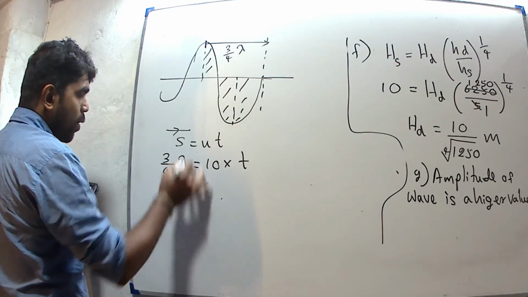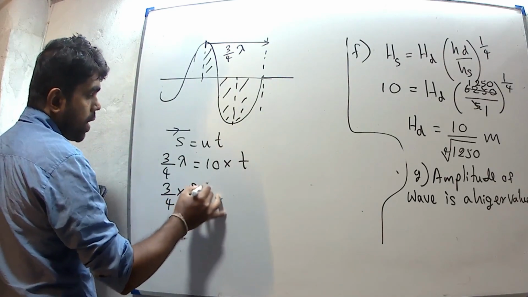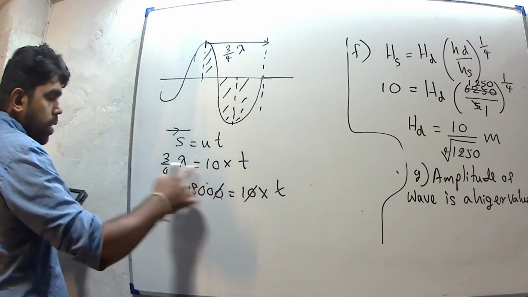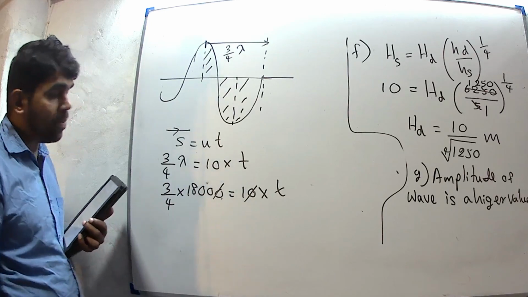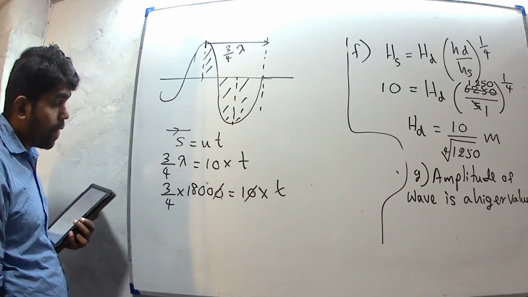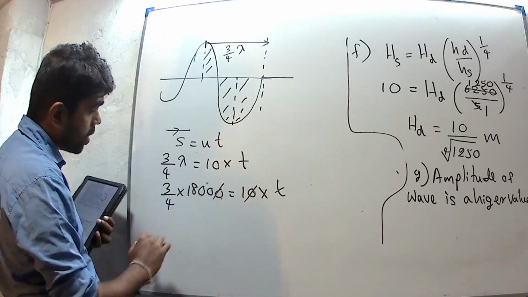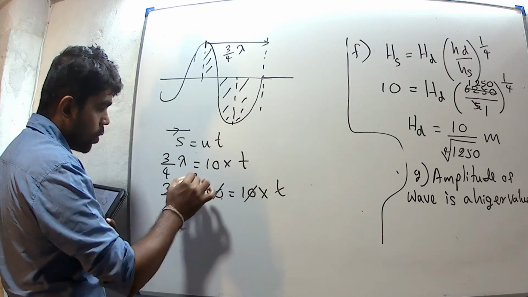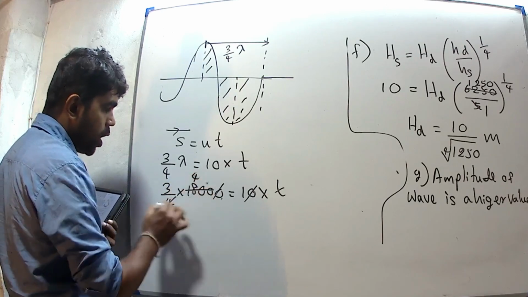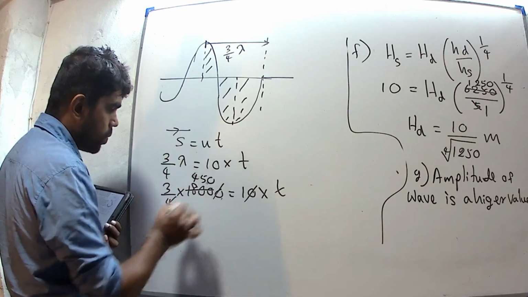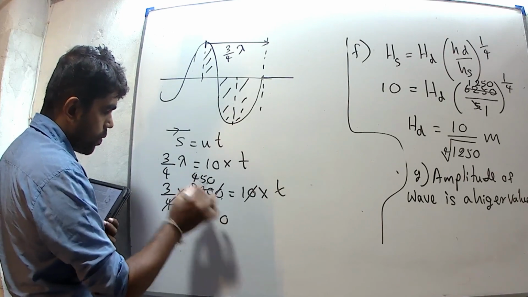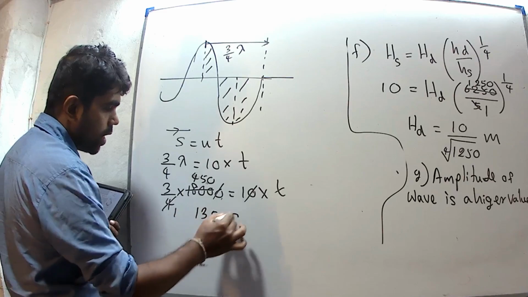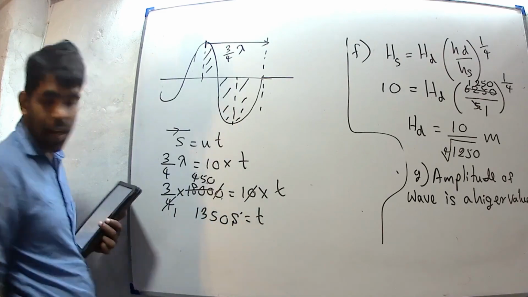3/4 of wavelength is 3/4 of 18 kilometers, that is 18,000 meters, divided by 10. Now this one is the time in seconds. We have to convert it to minutes. I will simplify it. Time in seconds is 1350 seconds.